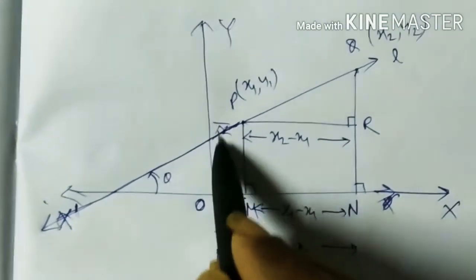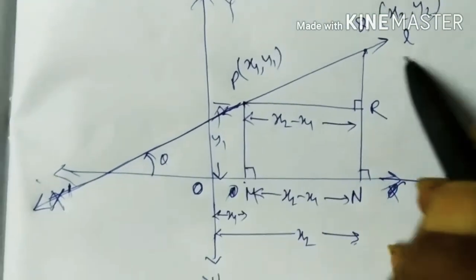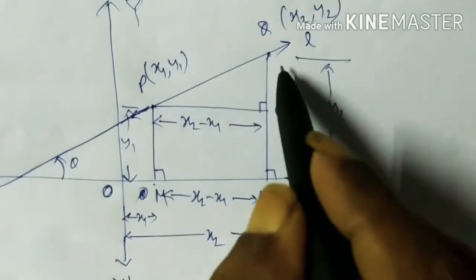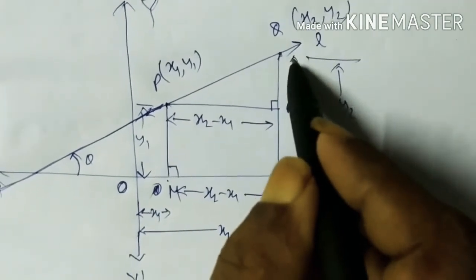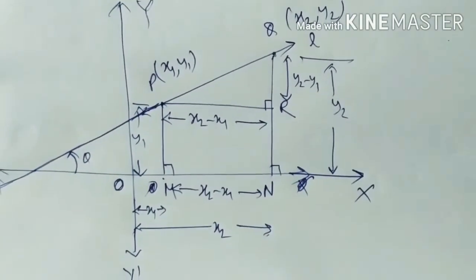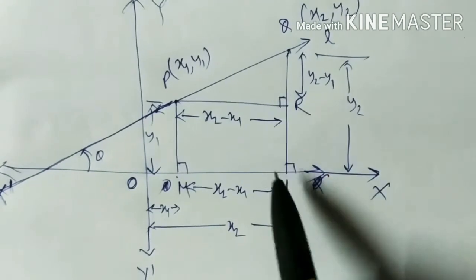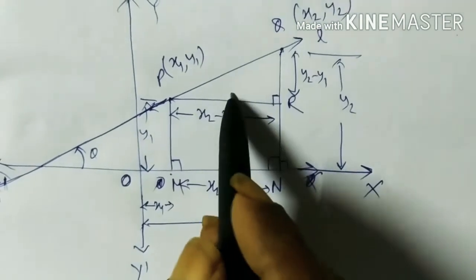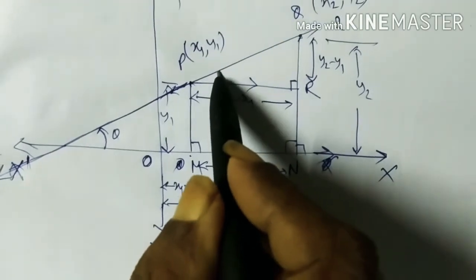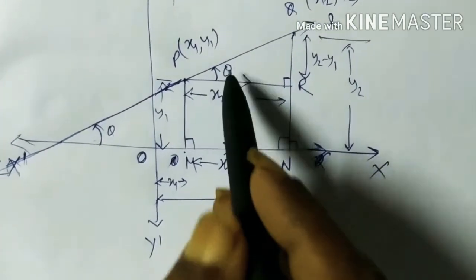Now this is y1 and this is y2, so QR is y2 minus y1. This line is parallel to this line, so these corresponding angles are equal.